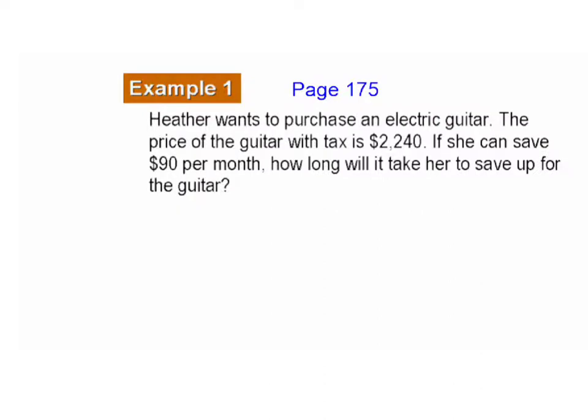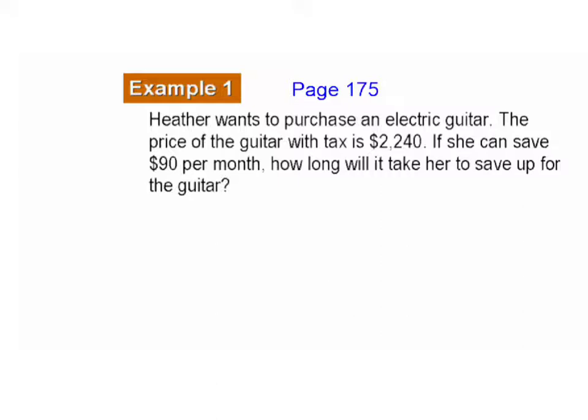Here's example 1 from page 175. It says, Heather wants to purchase an electric guitar. The price of the guitar with tax is $2,240. If she can save up $90 per month, how long will it take her to save up for the guitar? Well, to do this, we just take $2,240 and divide it by 90, and that will give us the number of months it'll take her.